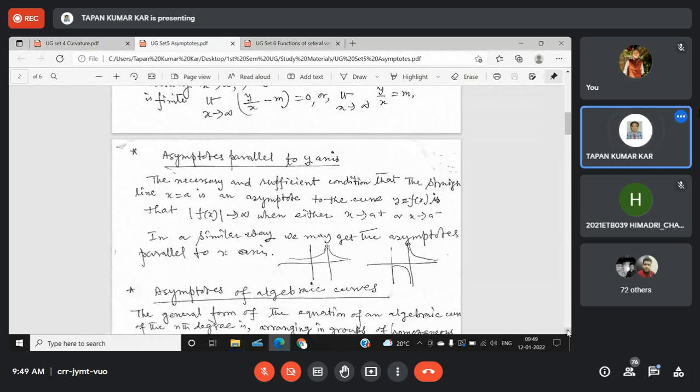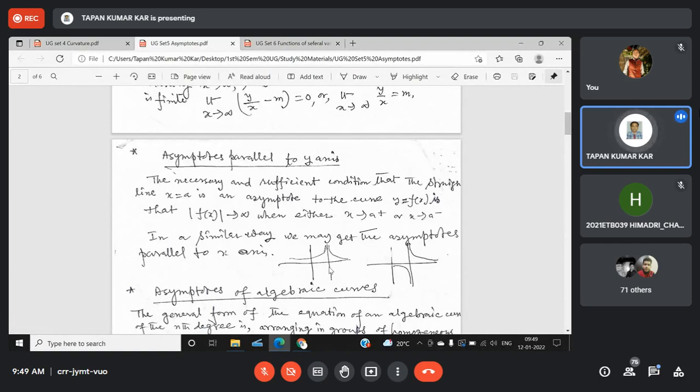And for asymptotes parallel to y-axis, your curve is y equal to fx. Look at this, this is the curve and the line parallel to y-axis in the first figure, and the distance between the curve and the line gradually diminishes as x tends to a plus or a minus.